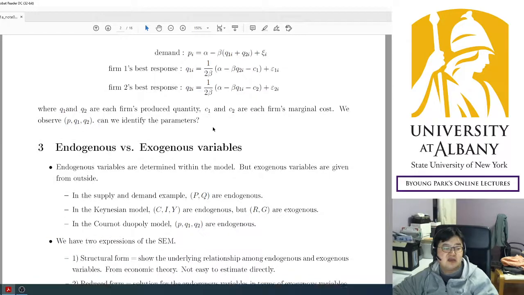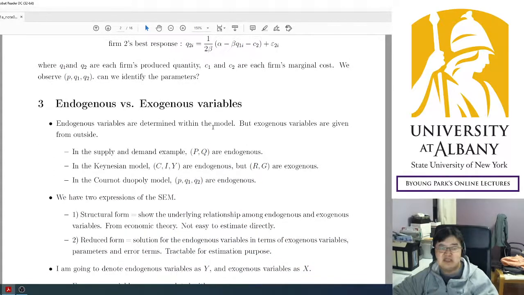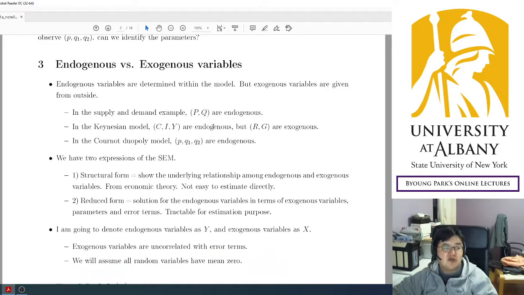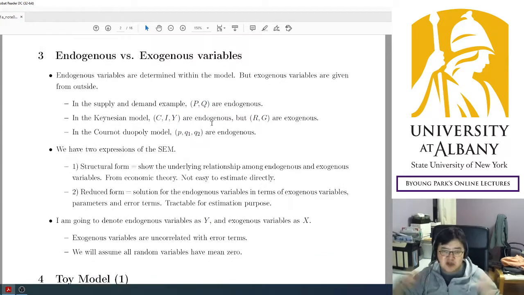Again, it is important to understand what is determined within the model and what's not. As I explained, in the supply and demand model, price and quantity are endogenous because they are determined by the model, by those two equations.